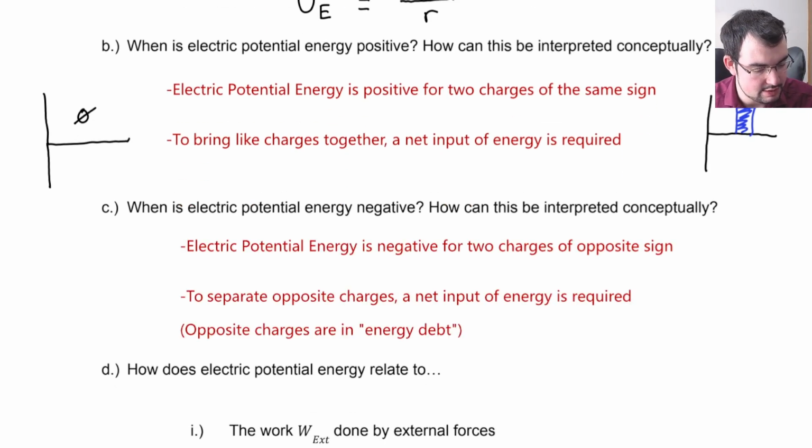Now we can see the sort of inverse of this. For two charges of opposite sign, that potential energy is negative.